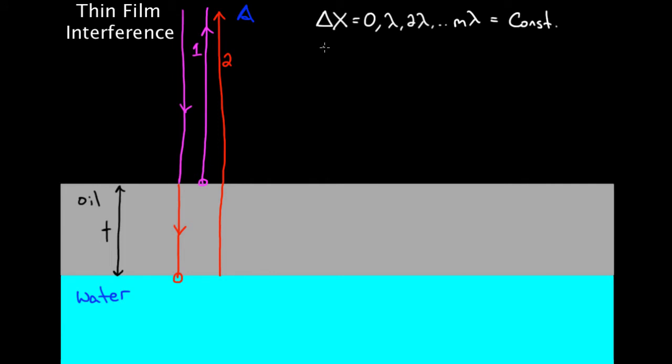And anytime the path length difference is going to be half integer lambdas, so half lambda, 3/2 lambda, and so on, you can call this m plus a half lambda. These are going to be destructive. I guess it doesn't equal constructive, it implies constructive and destructive. But remember, you've got to be careful.